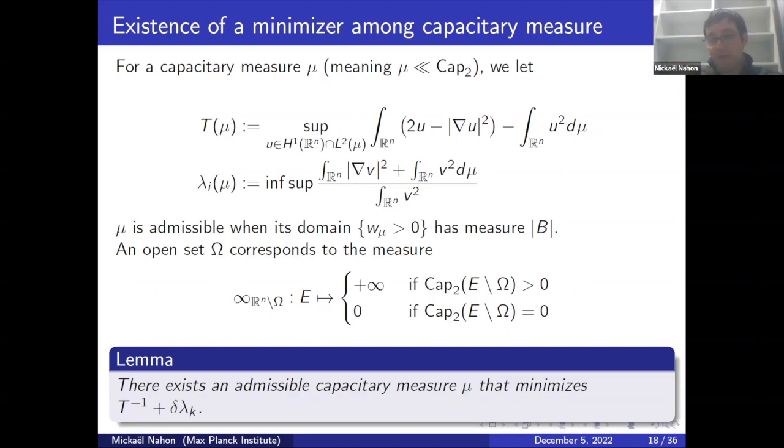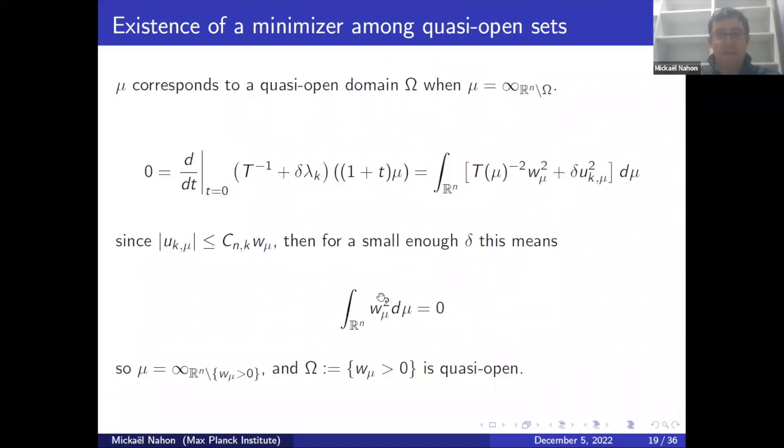And the first step is that we prove that there exists a capacitary measure that minimizes our functional. This is by the concentration compactness method more or less. The second step is showing that the measure has this form here. Basically, a measure corresponds to a domain, as I said, when it is either 0 or infinity.